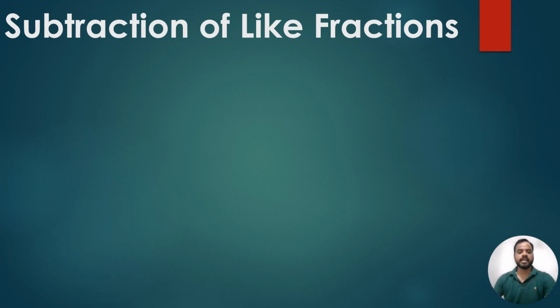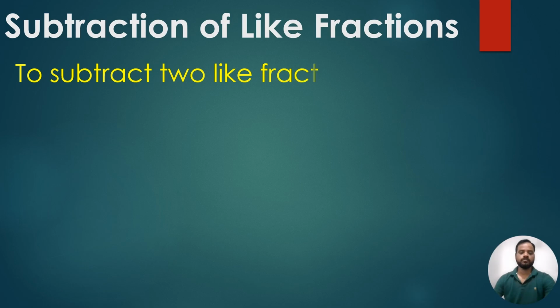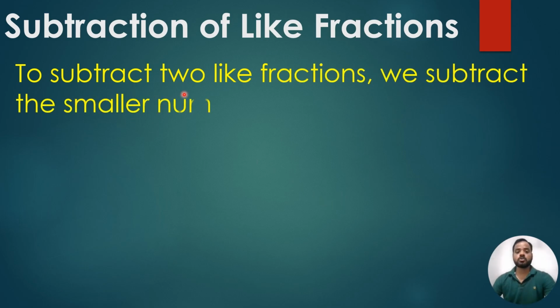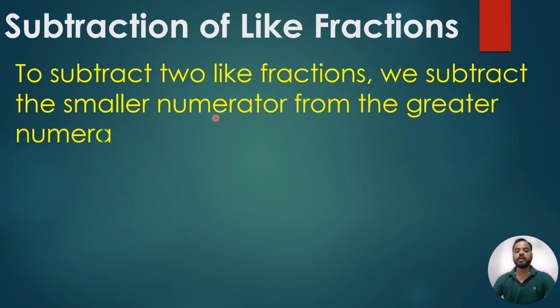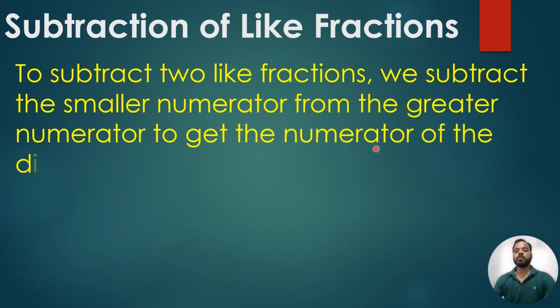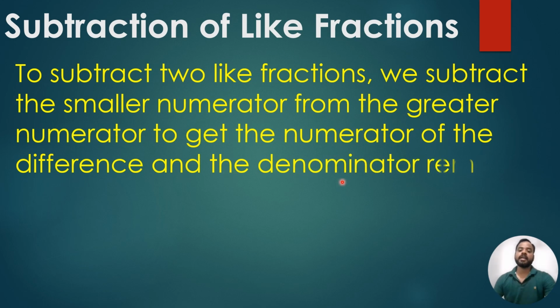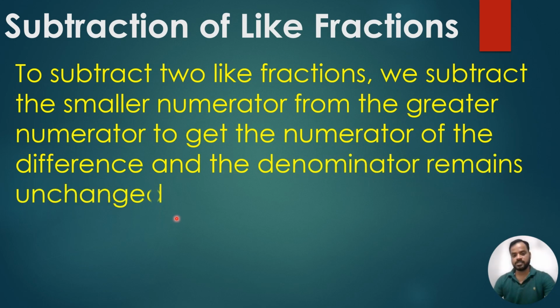Now we will understand subtraction of like fractions. To subtract two like fractions, we subtract the smaller numerator from the greater numerator to get the numerator of the difference, and the denominator remains unchanged.